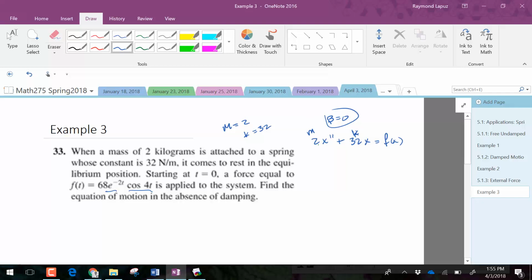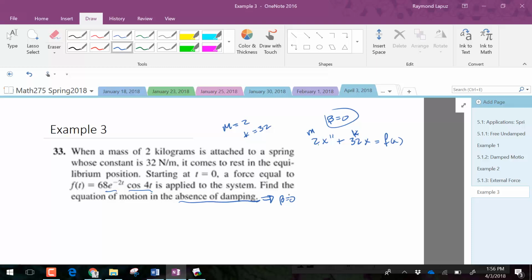It comes to rest because there's no damping. I didn't see that either until I read it. I was looking for a damping term and couldn't find it, and then I saw this.